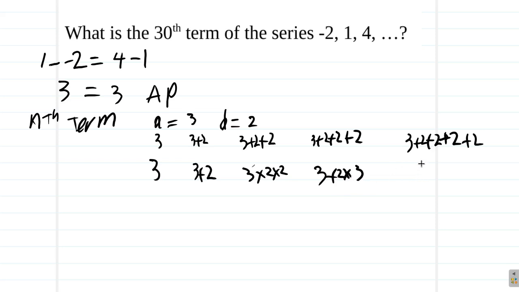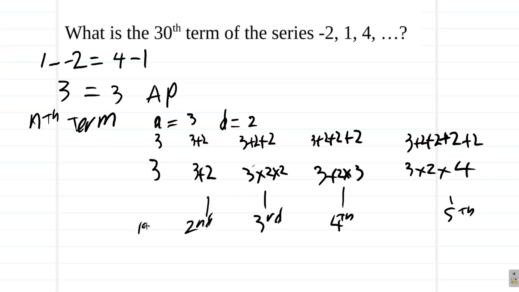The fifth term is 3 plus 2 times 4, and so on. So this is term number 5, term number 4, the fourth term, term number 3, the third term, term number 2, second term, first term.